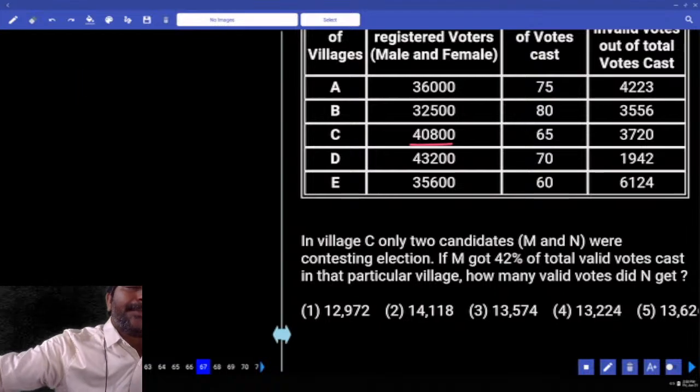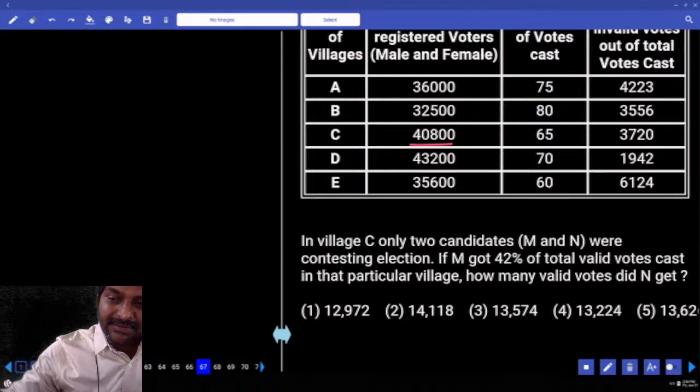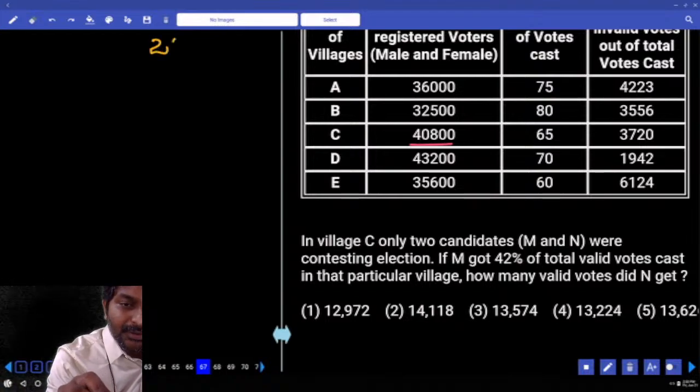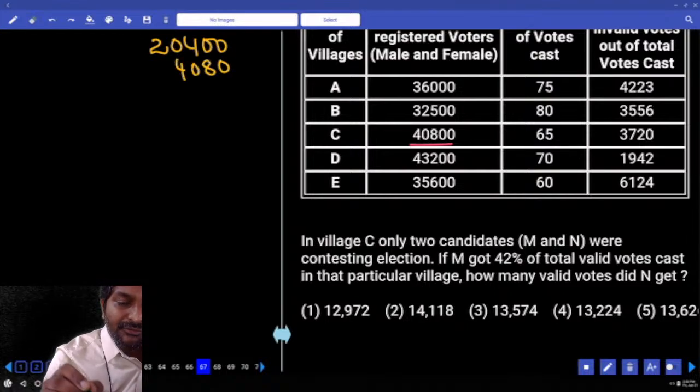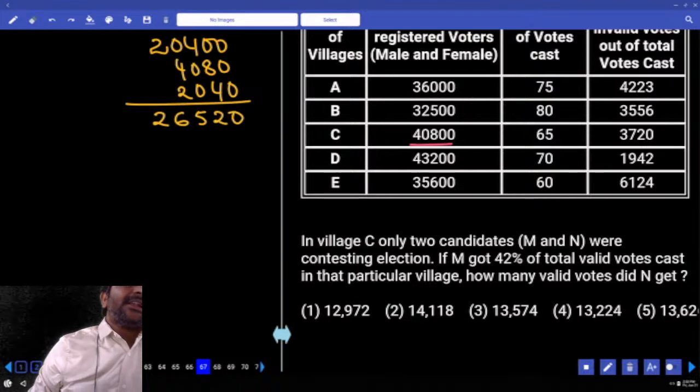65% in the sense 50% plus 10% plus 5%? 50% is 20,000. 10%. 5%. Then total votes casted is 26,520.